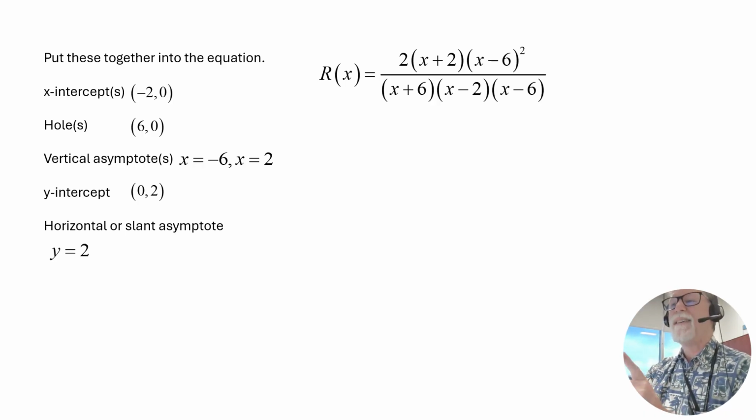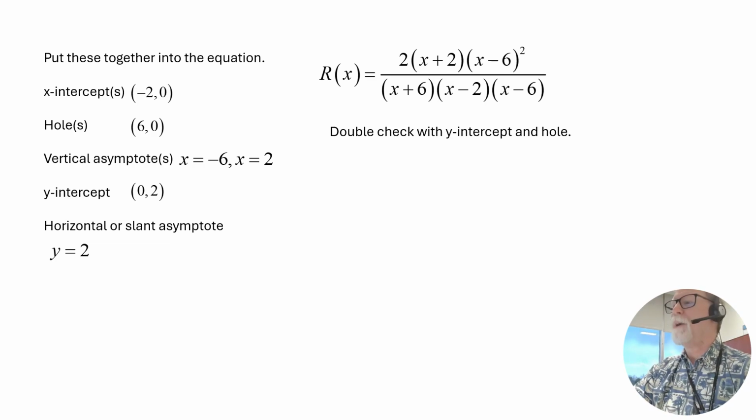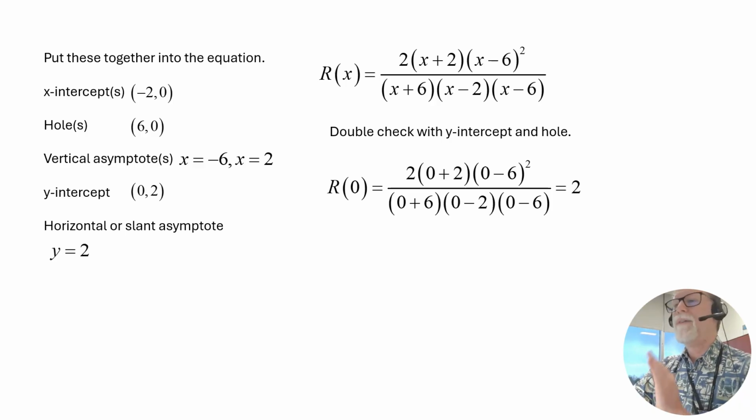Now, we did not deal with the y-intercept, and we didn't pay attention to the y coordinate of the hole. I like to save those as a double checking. Now, if you accounted for the squaring of that factor, it should be perfect. It's very simple, but I'm going to plug in, double check with the y-intercept and the hole. If I plug a 0 in, I get a 2. So y-intercept, good.